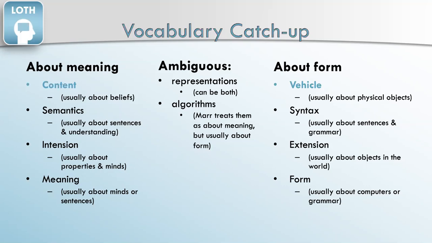Semantics being about meaning, the syntax is the form of the sentence, the grammar. We might be talking about intention and extension if this were a philosophy of mind class. We might be talking about meaning and form. Algorithms and representations are a little bit ambiguous, but you know, we want to distinguish what something's about from how it gets to you.